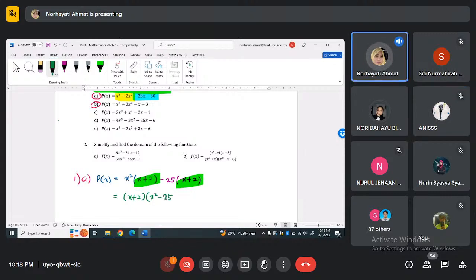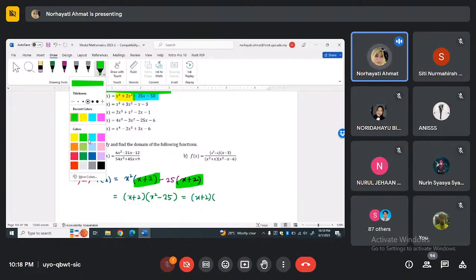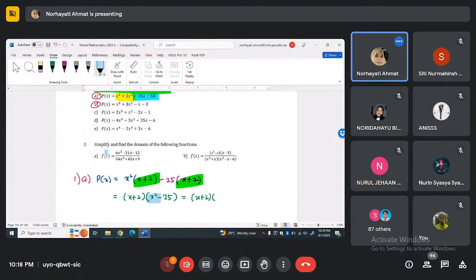X square minus 25. Boleh ke tak factorize? Boleh kan? Yang ini. This one. Kita boleh factorize ni, yang ini. Apa dapat? X plus 5. X minus 5. Betul tak?